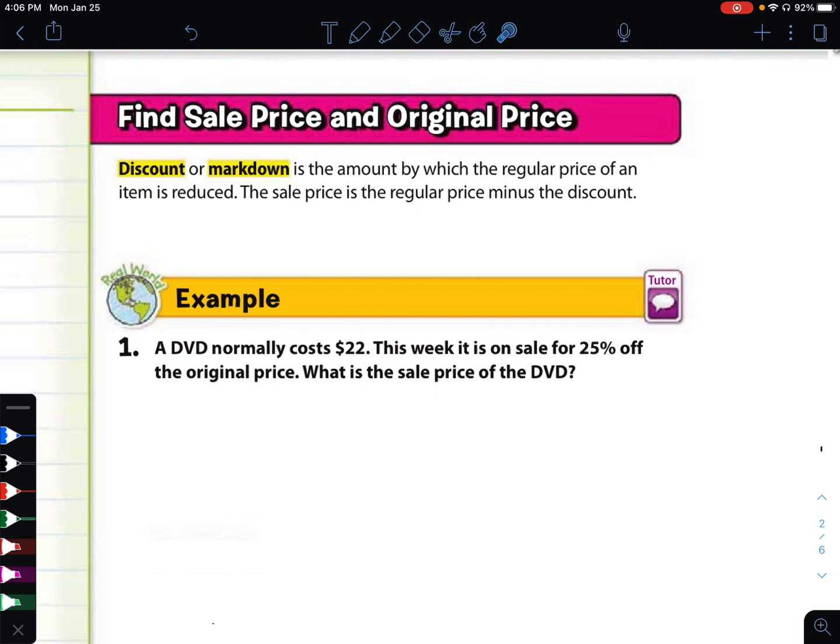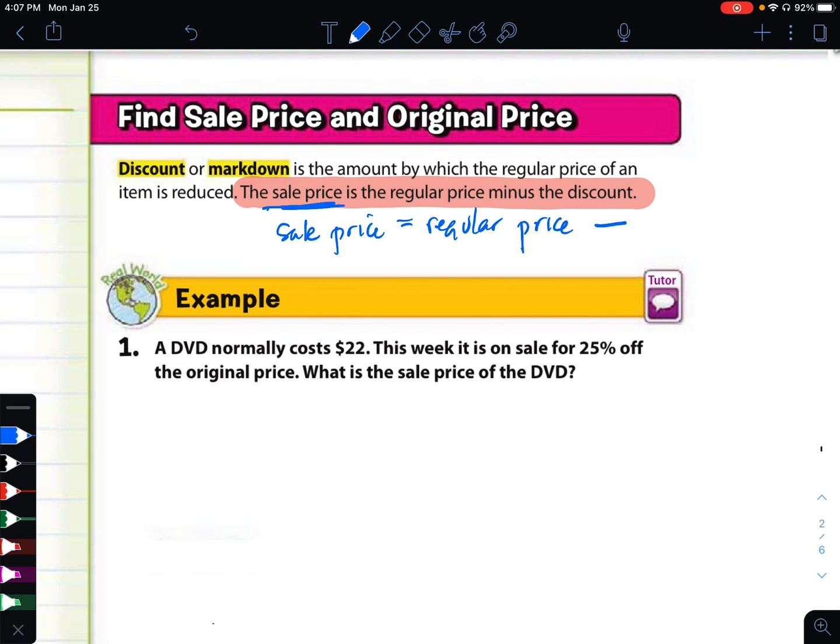The sale price is the regular price minus the discount. So if they're asking for the sale price, your sale price is actually your regular price minus the discount.